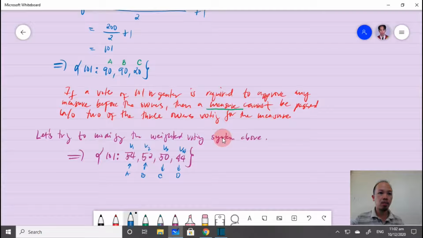What does this mean? The value here is 101. Remember, if you add all of these, 54 plus 52 plus 50 plus 44, this is 200. So 200 divided by 2 is 100, plus 1 we have 101, the same quota as in the previous weighted voting system.